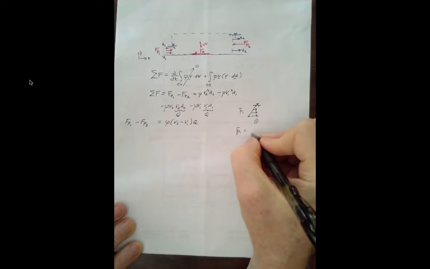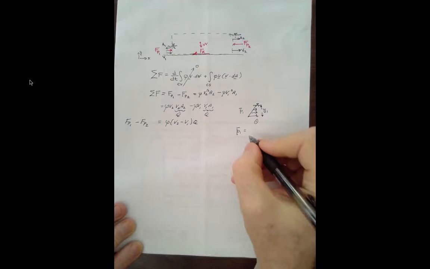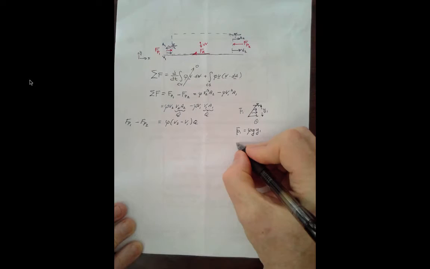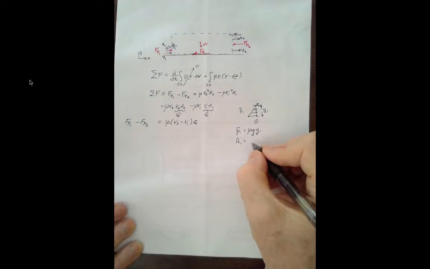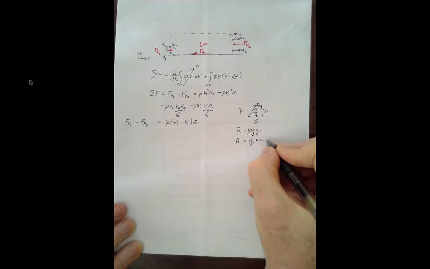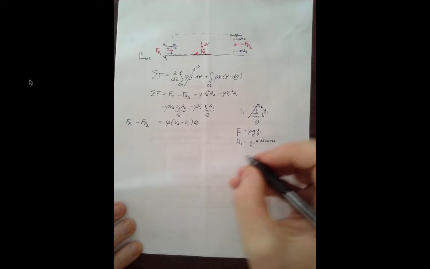So P bar 1 equals, we'll call that y1 for the depth, rho g y1, and area would be y1 times the width. Again, we're pretending a rectangular channel.